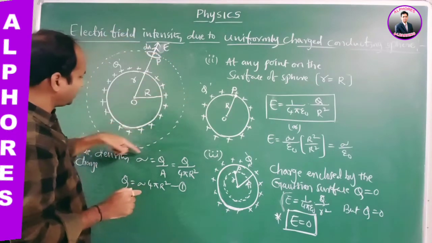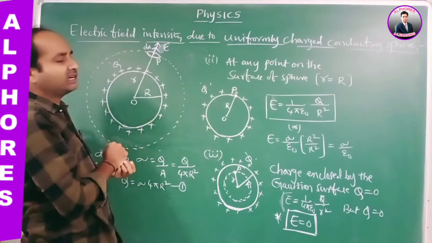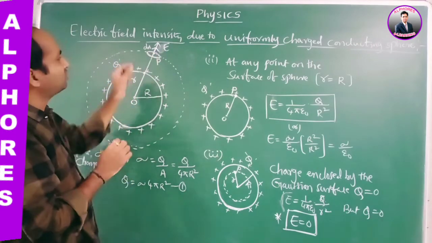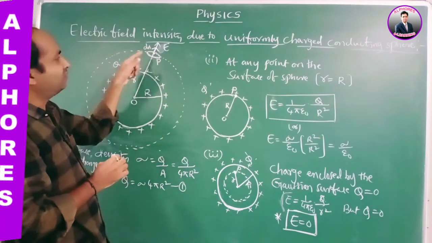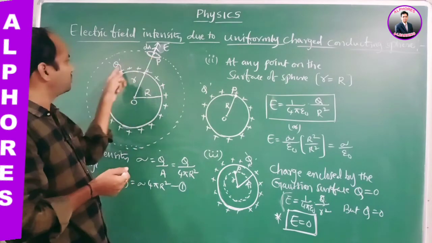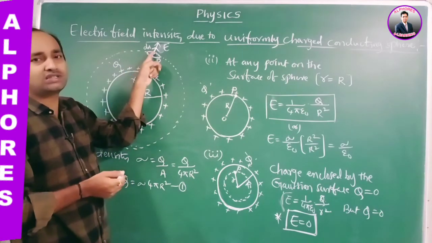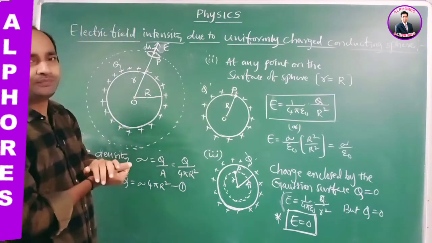Here we construct a Gaussian surface, calculate the flux passing through a small part, then calculate the total flux. The formula is E is equal to 1 by 4 pi epsilon naught capital Q by small r square, where small r is the distance from the center to the point P.